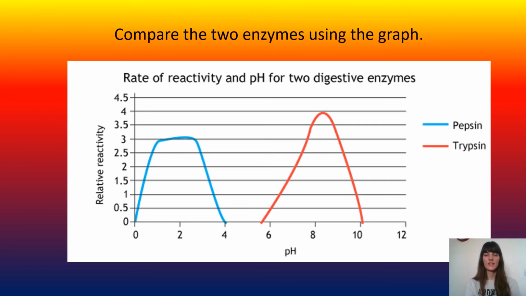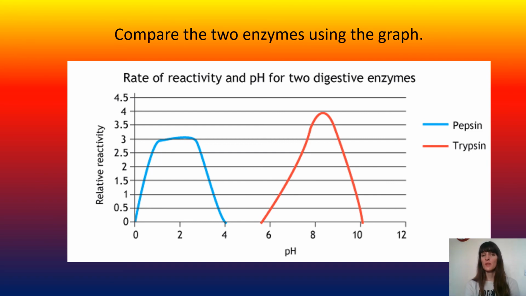Okay, another activity I'd like you to do is to compare the two enzymes using this graph. So what is the optimal pH for both enzymes? And where would you presume that these enzymes might be? So we've got pepsin's optimal pH at just over 2, looks a little bit closer to 2.5 maybe.